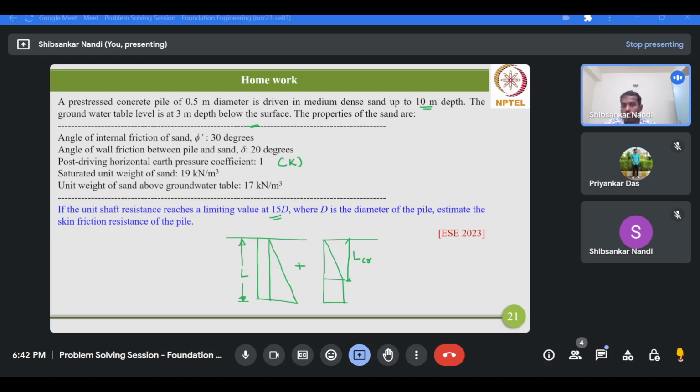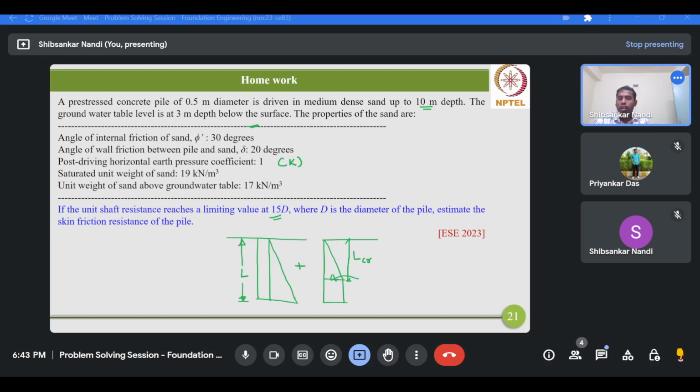As per the critical depth concept, the distribution of effective vertical stress will be limited to a length of L critical, and thereafter this distribution will have a constant value. There should not be any variation. That means this is the limiting case. So we have the limiting value at the critical length or critical depth, and thereafter this limiting value remains constant.